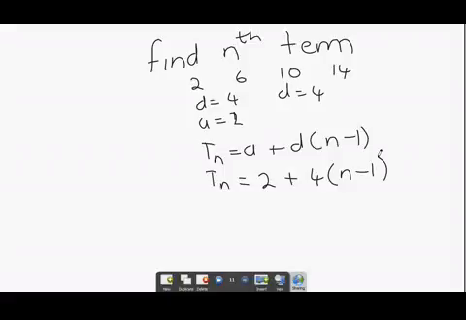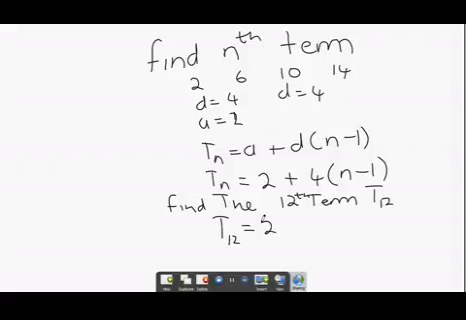So let's say they said find the 12th term. The 12th term is written as T12. So if they want you to find the 12th term, you will come and substitute and say T12 is equal to 2 plus 4 bracket.